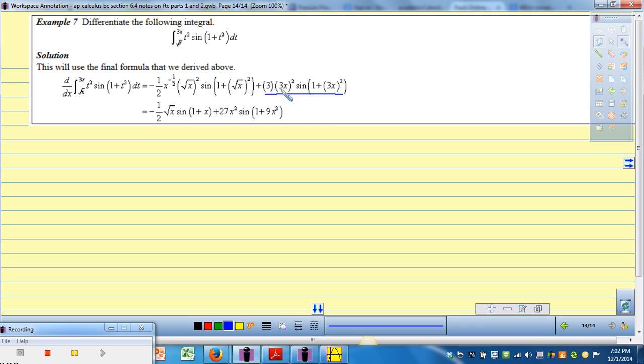So we have 3x squared times sine of 1 plus 3x squared times the derivative of the inside, which is 3, plus, now we're going to plug in the square root of x, so actually we are subtracting square root of x squared right here times the sine of 1 plus the square root of x squared times the derivative of the inside, which is 1/2 x to the negative 1/2.